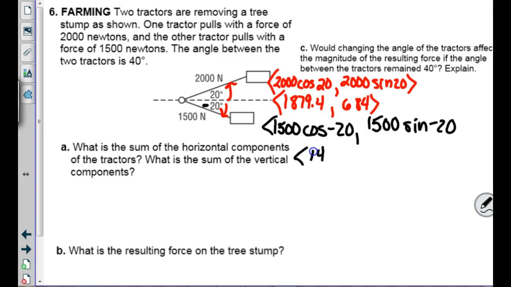I got 1409.5 and negative 513. Okay. What is the sum of the horizontal components? Okay. Horizontals which way? Cross or up and down? Cross. We're going to add these two. Can you add those two numbers?